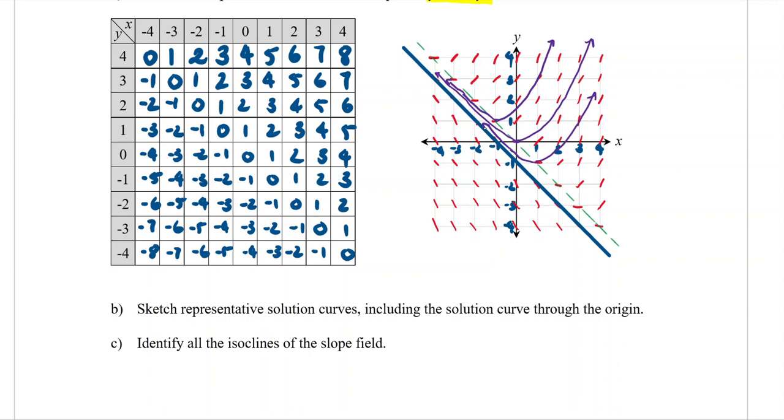What is happening below it? All of those gradients below are negative sloping gradients, so we know they're going to be decreasing curves. They're not equal in gradient. When you're near the y equals -x line, they are at their shallowest.